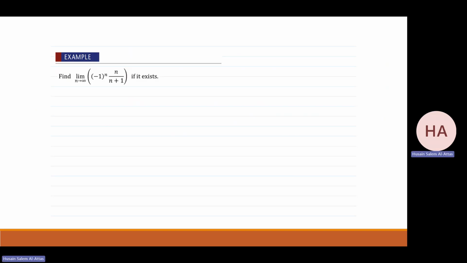This one, yeah, think about f of x as minus 1 to the power x, times x over x plus 1. I need to find the limit as x goes to infinity of minus 1 to the power x, x over x plus 1.